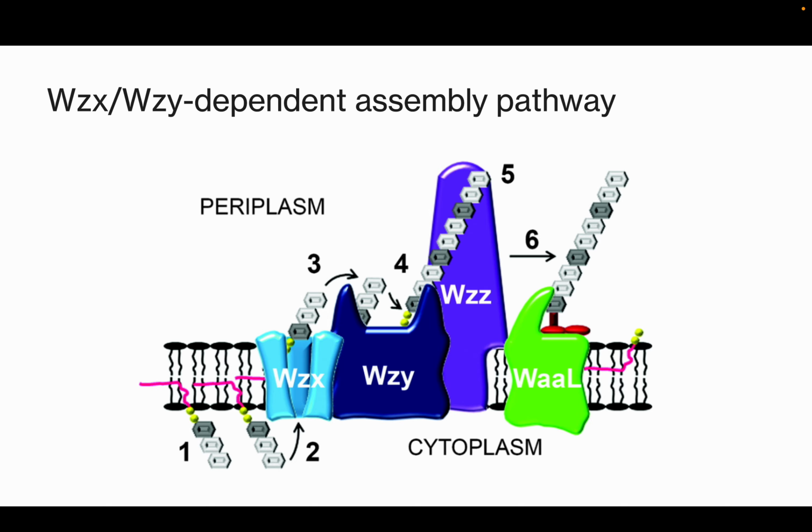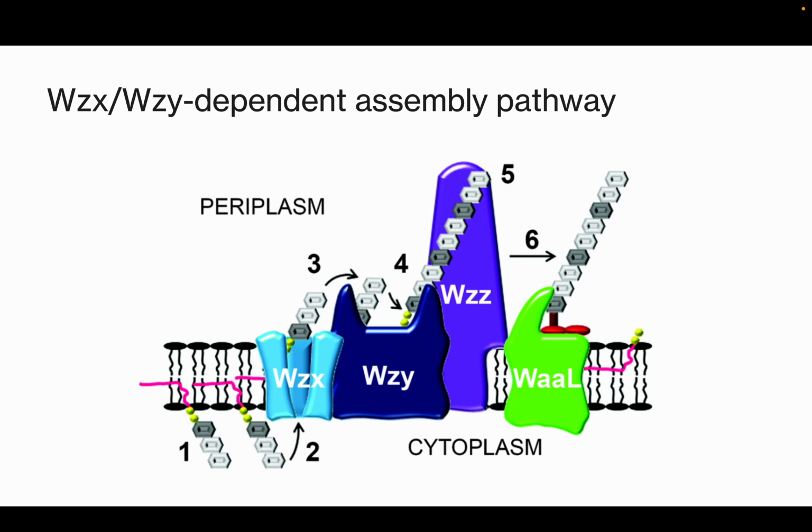The process begins in the cytoplasm where there's lipid sugar conjugation. Then that lipid sugar conjugate, in order for the remaining polymers to be attached to the sugar component, a flippase enzyme works. That's WZX. WZX flips over the sugar lipid conjugate to the periplasmic space. In the periplasmic space, there are two important polymerase enzymes.